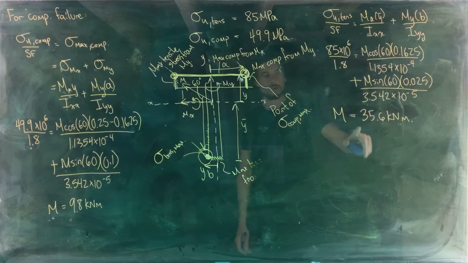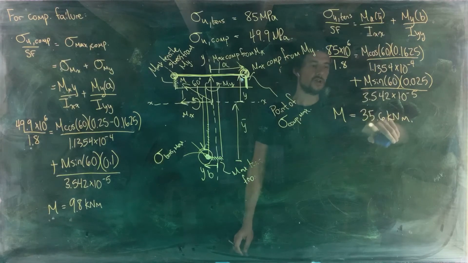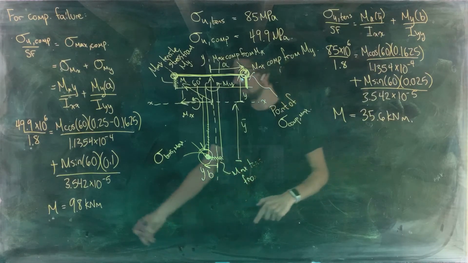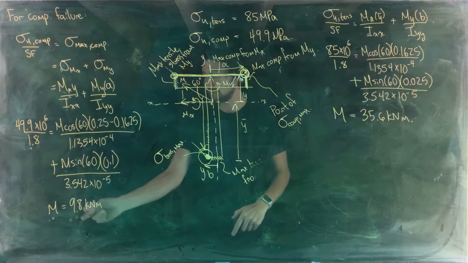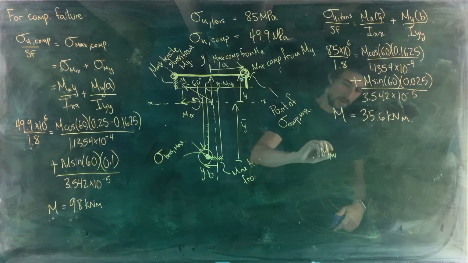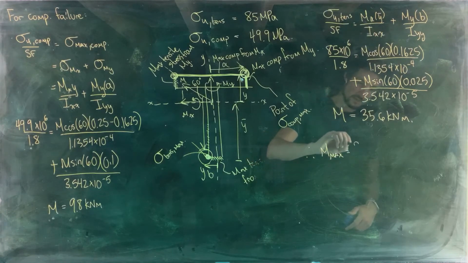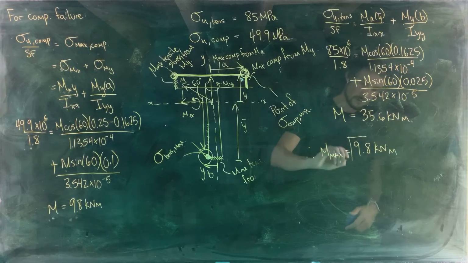Okay, so we can apply a moment of 35.6 before the allowable tensile stress is surpassed. We can only apply a moment of 9.8 before the allowable compressive stress is surpassed. So therefore, our maximum moment is the smaller of those two, 9.8 kilonewton meters.